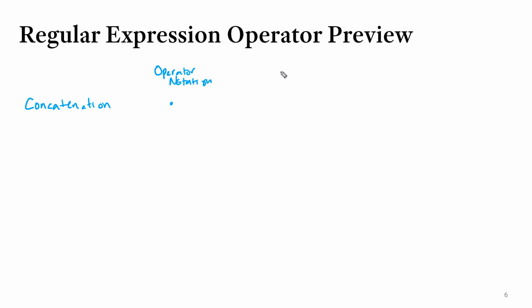And to give an example, we could say, for example, W concatenated with O concatenated with W. And so this is an individual character on each side of this concatenation operator. And so notice we're saying W followed by O followed by W for the string wow. And so this would be the specification of a regular expression.